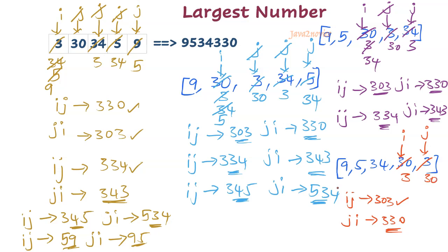We are done with all iterations. If we append the array numbers in string format from left to right, we will get the expected result. It is exactly matching with this number, 953430. So this is the solution. Hope you understood. Let's write code now.